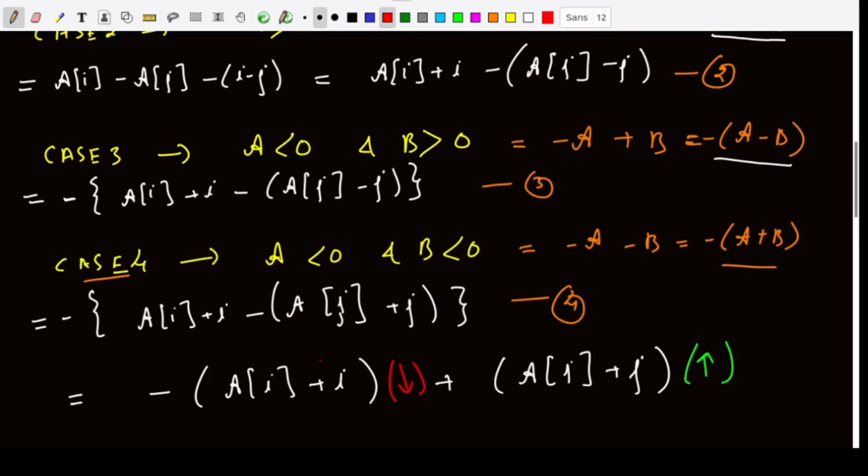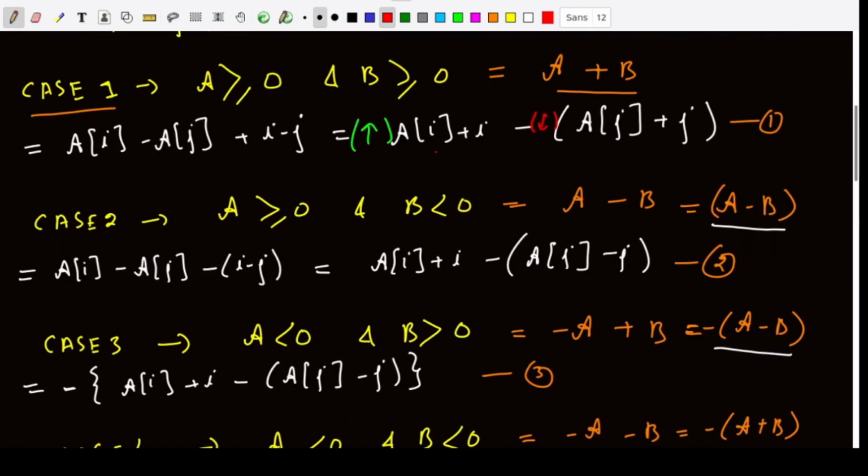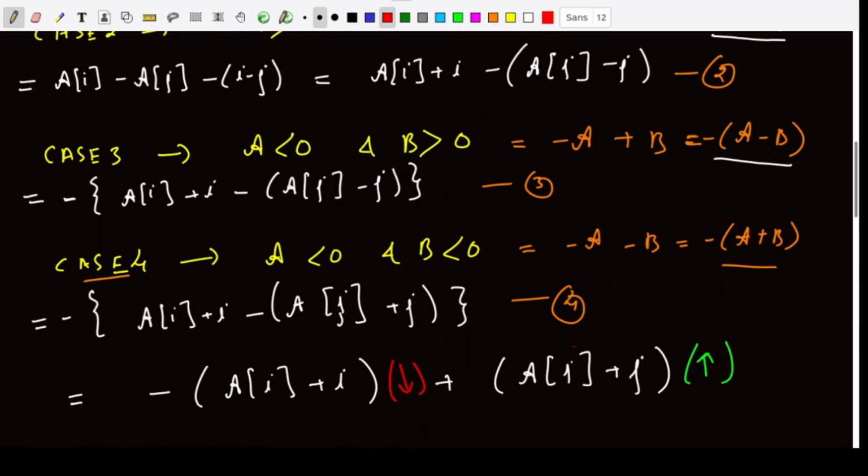So if you see, in equation 1 we were maximizing ai plus I, whereas in equation 4 we are maximizing aj plus j.